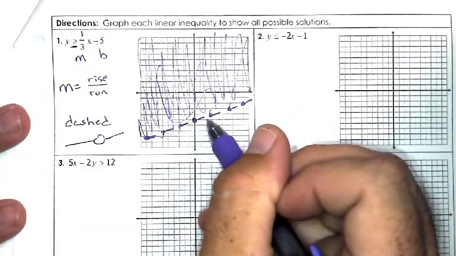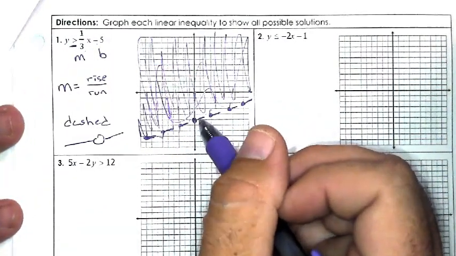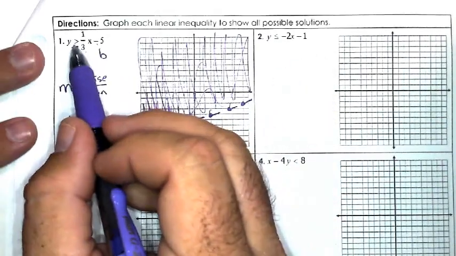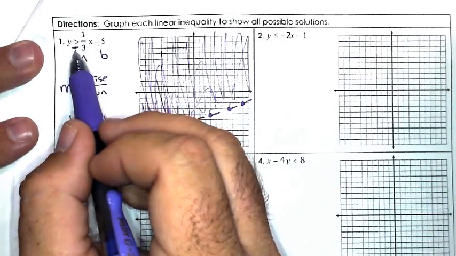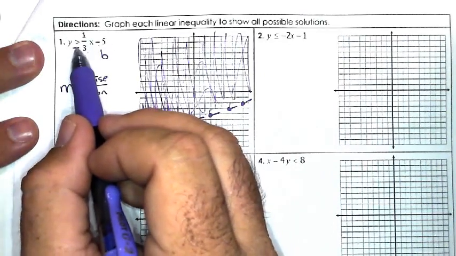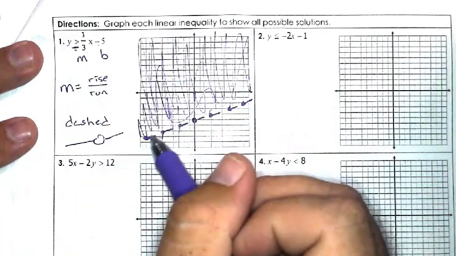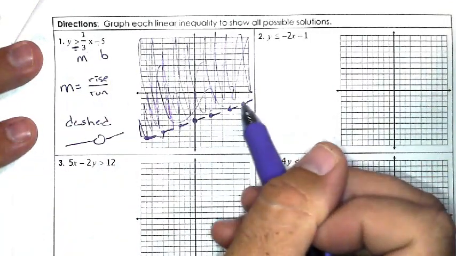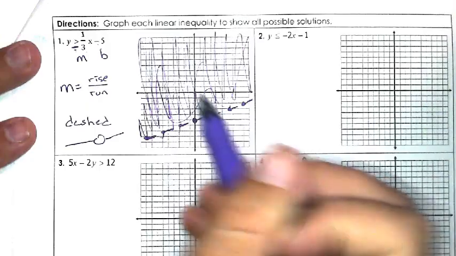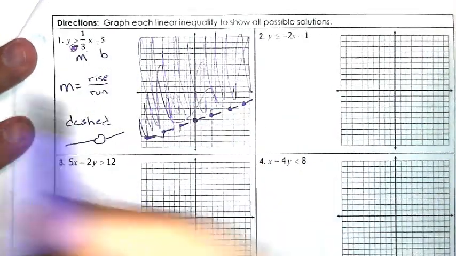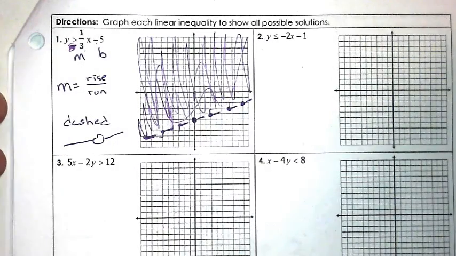Another way you can think of it is, I think Checkers was saying this, greater than or equal to has a line underneath the inequality, right? So if I have a line under the inequality, my points will be a solid line. If I don't have a line underneath the inequality, then I don't have a solid line. It's another trick. I think that's what Checkers was trying to explain.